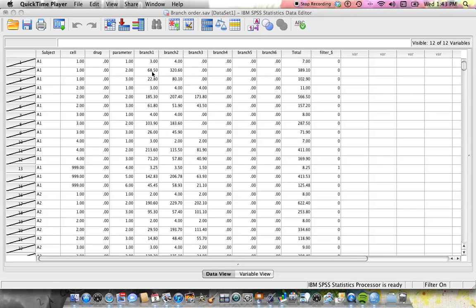So for each branch order, they get a length. If they didn't have that branch order, then there's just a 0 entered. And then the third parameter is the average length as a function of the branch order. So that's average length for each branch order.